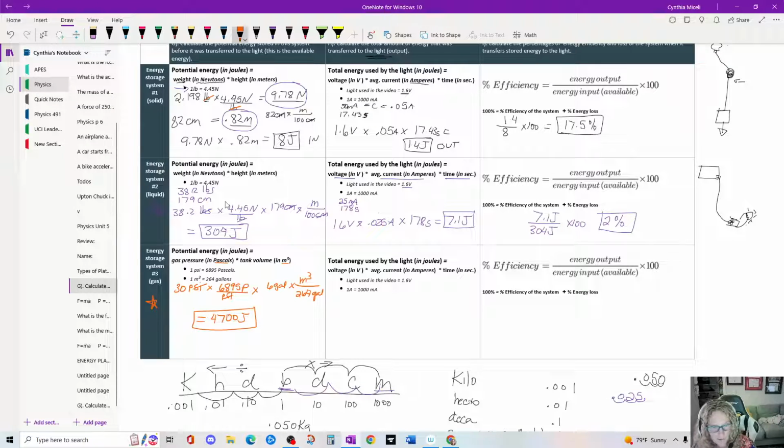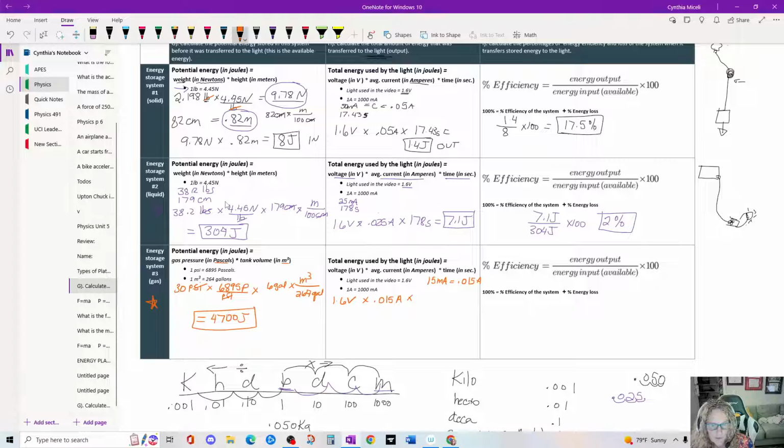So let's see what it gave us in the light. So we've got our light bulb, 1.6 volts. And we know from the video that the current was 15 milliamps. But we also know how to convert milliamps into amps. We're going to move the decimal over 3 spaces, so 0.015 amps.